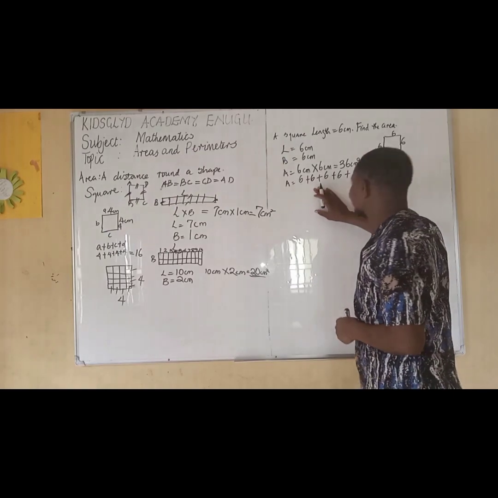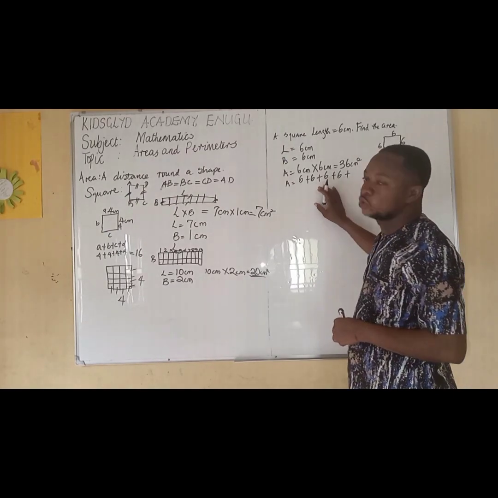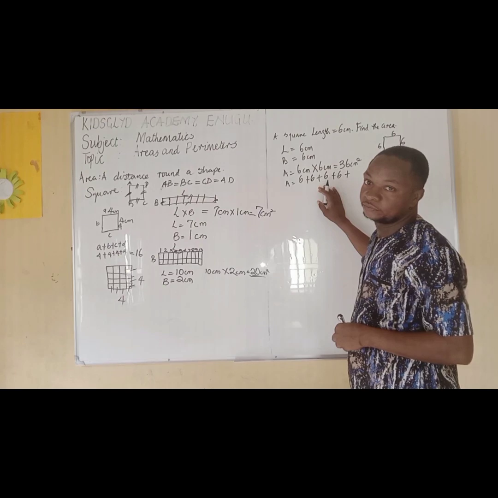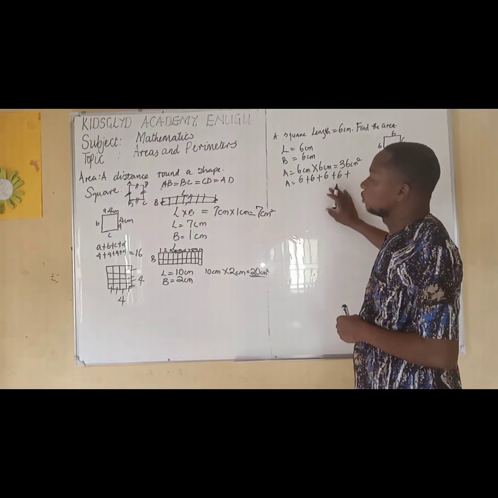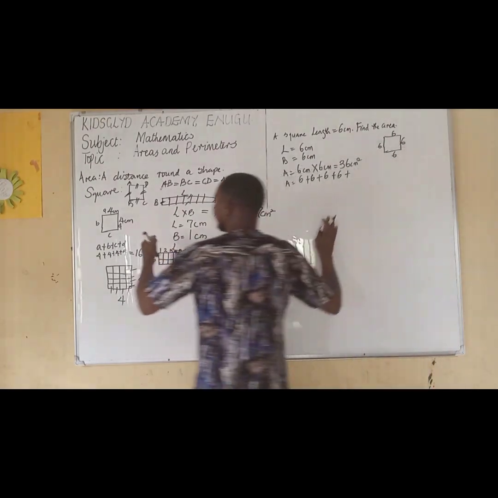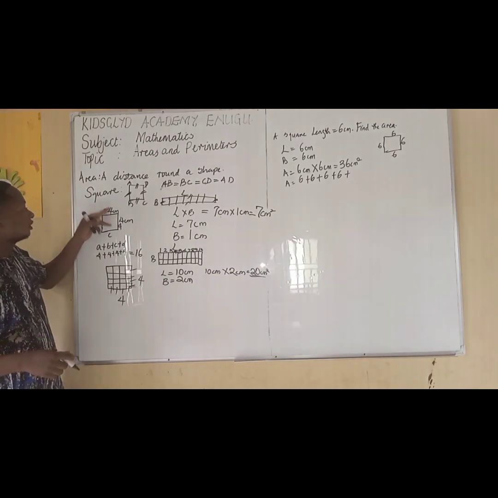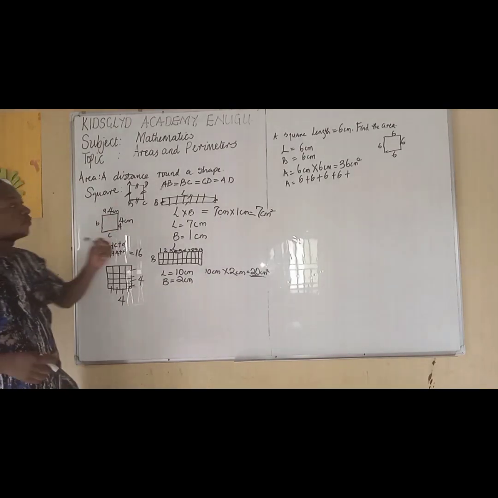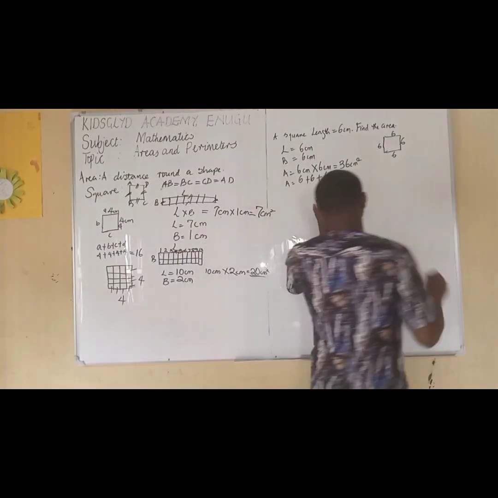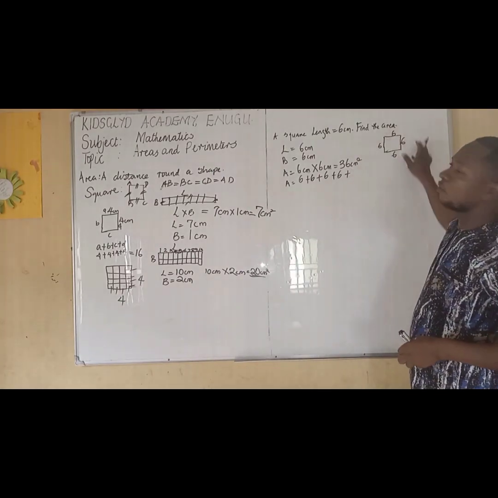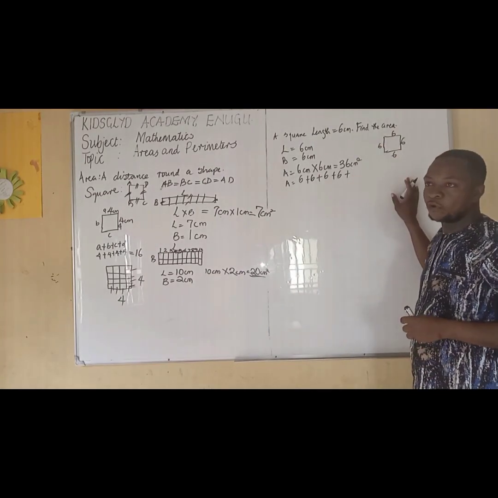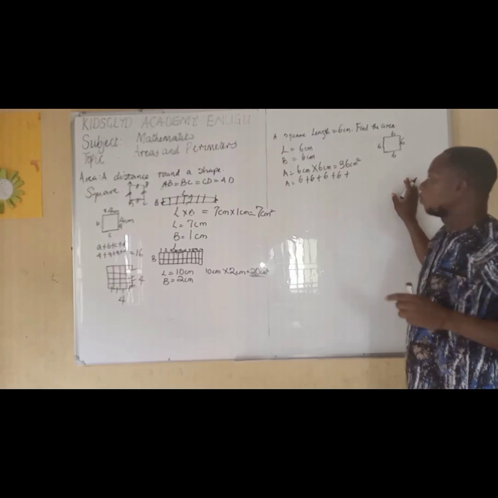But if you check, this only gives us 24. But in our previous example, we know that 4 times 4 is 16. But when some people get to this place, they will say that the area of the shape is 24. Not that it's 24. What happens?